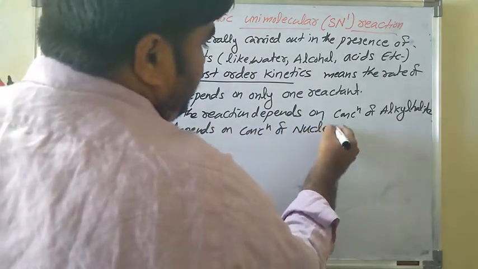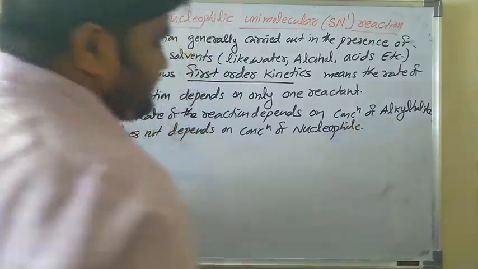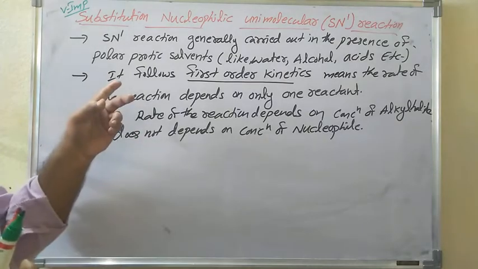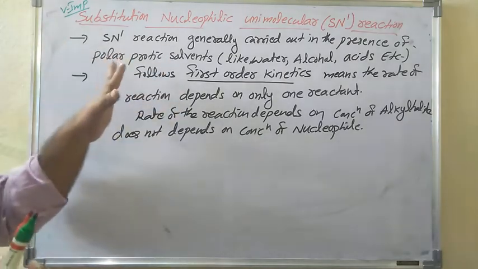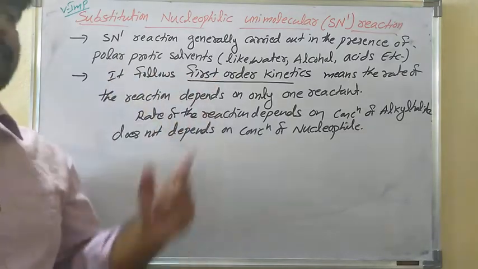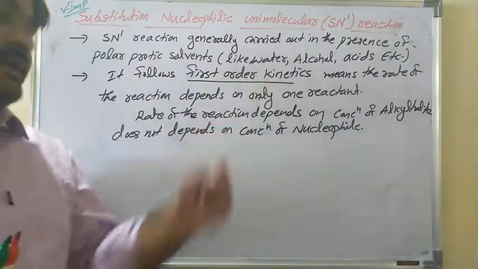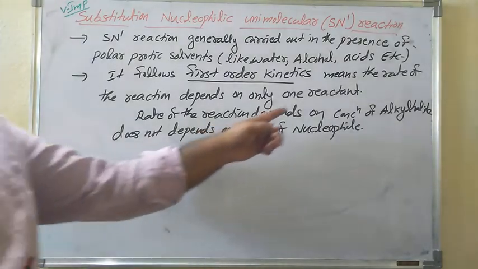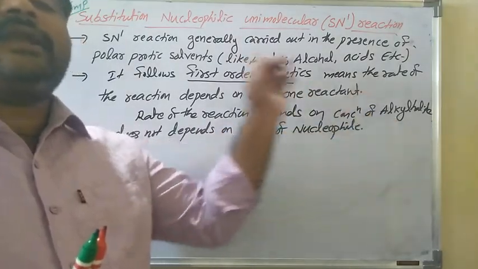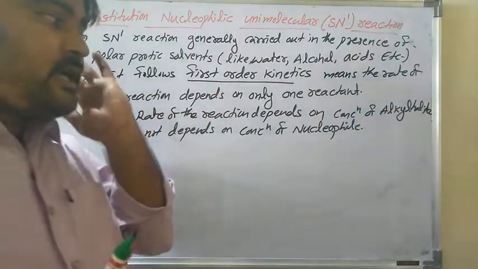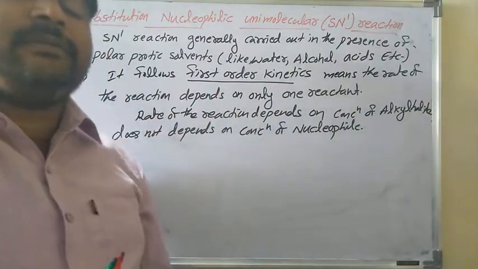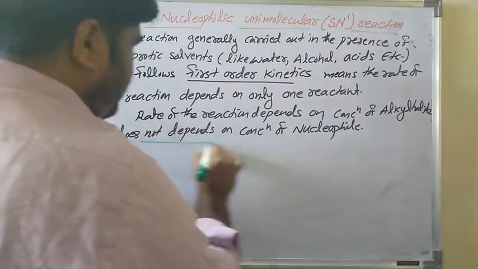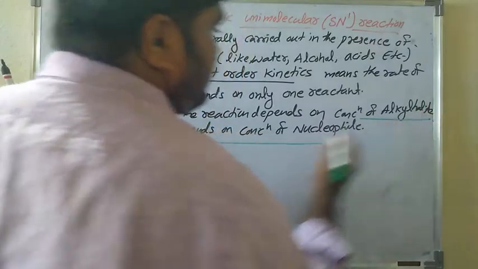Very important. So SN1 reaction is in the presence of polar protic solvents, and SN2 reaction in polar aprotic solvents. It follows first order kinetics, means the rate of the reaction depends on only one reactant. That reactant is what? Alkyl halide concentration. It does not depend on the concentration of nucleophile. Important this point.